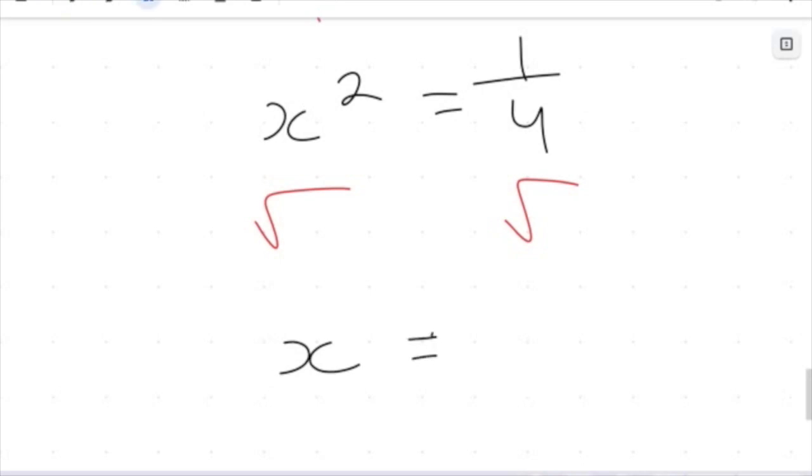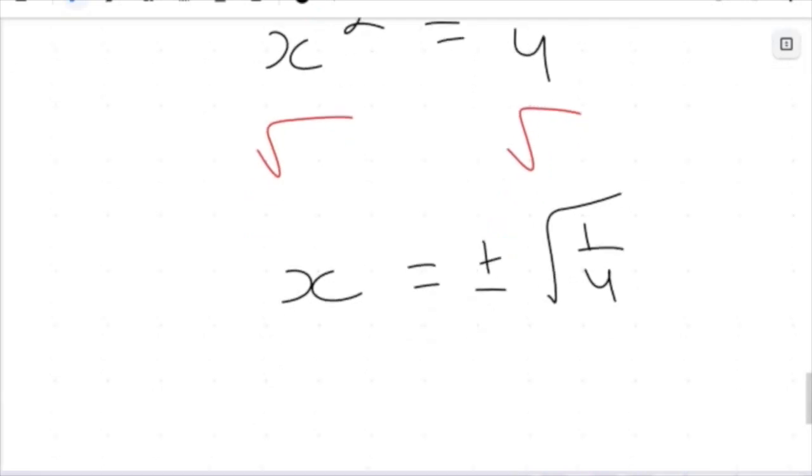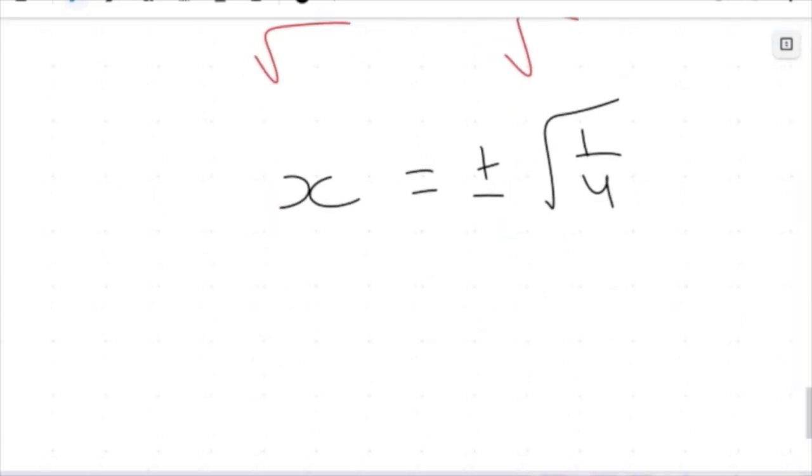And on the right hand side, I can have a positive or negative answer. Because remember, timesing 2 positives gives me a positive, but timesing 2 negatives by each other also gives me a positive. So I can get 2 solutions here. x is equal to plus or minus the square root of 1/4. Or, in other words, I can take the square root of 1 and the square root of 4, which gives me plus or minus 1/2.